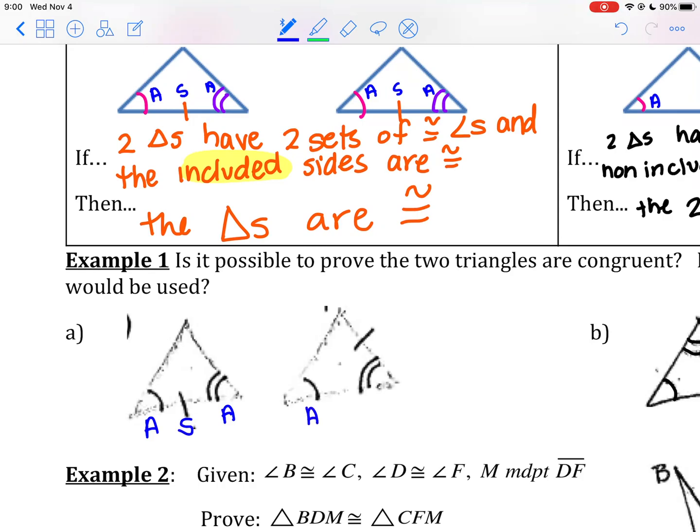In the second one, we have two congruent angles, but the side is outside. So this one is set up as angle, angle, side. So since these don't have the same order of those congruent pieces, it is not possible to prove that they are congruent. We don't have enough information. So we would have to have something else extra to prove that those were congruent, if they are.